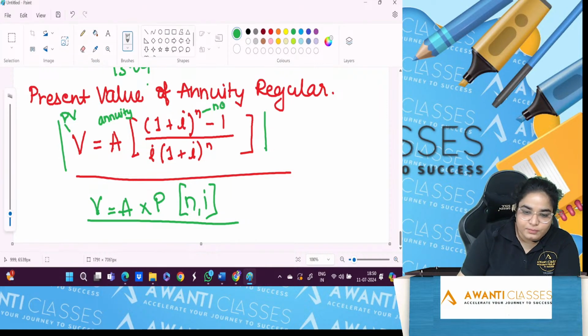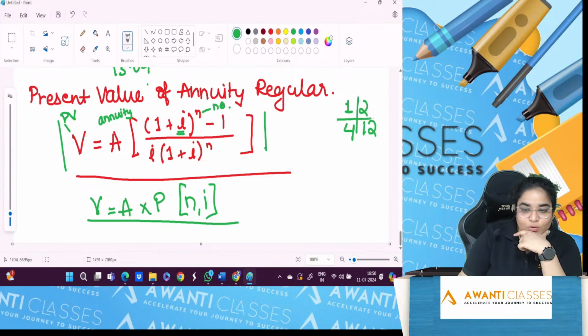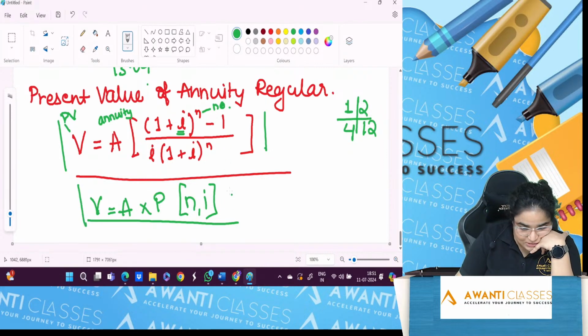I is interest rate, divided by how many times it is compounded yearly. So the same thing as before. If it is annual payments, 1 per year. If it is semi-annual payments, it is 2 per year, divided by that much. Quarterly is 4, monthly is 12. The same thing. Okay, you can do this otherwise. If not, you can directly do this.